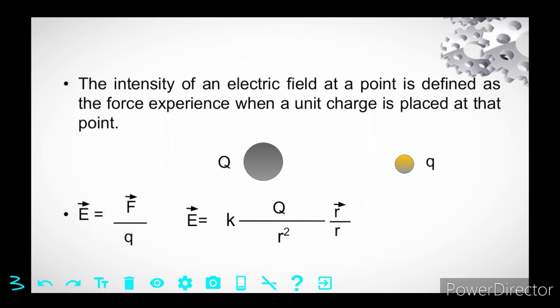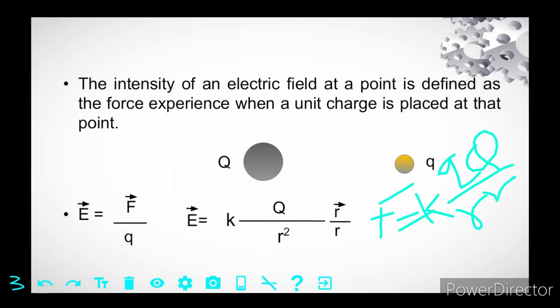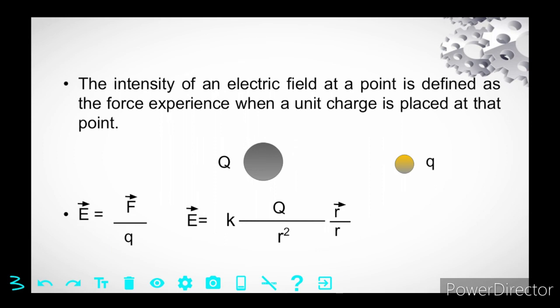Simply, we know the expression of F from Coulomb's law, which is F equals K capital Q small q upon r square. In this case, since this is E, there is an additional division by small q. So ultimately we get this term for the electric field.